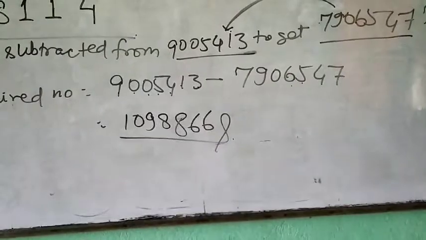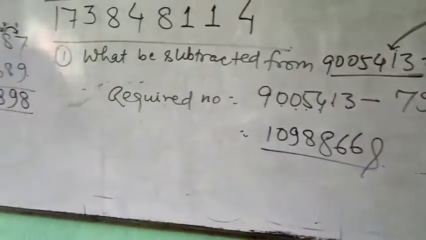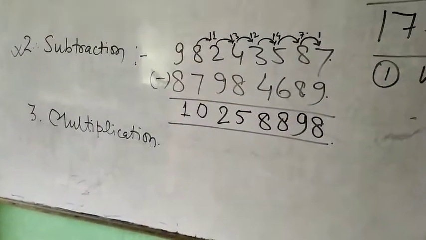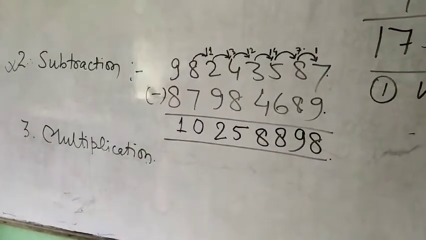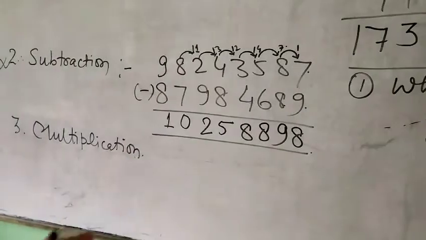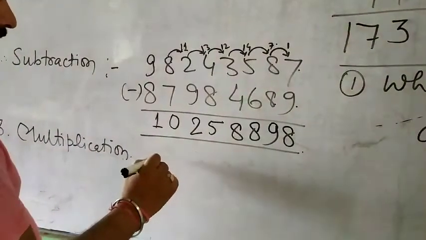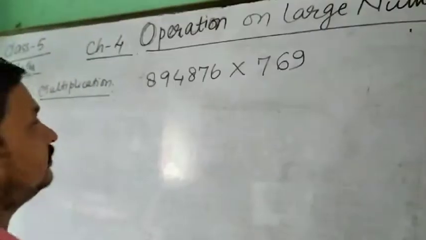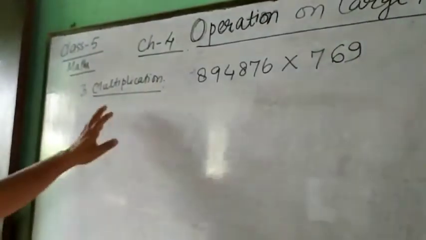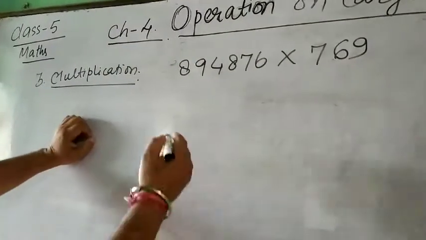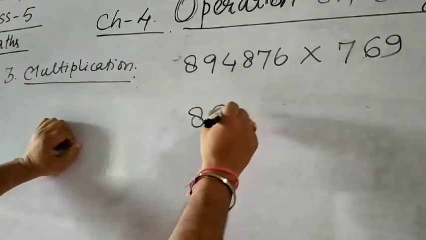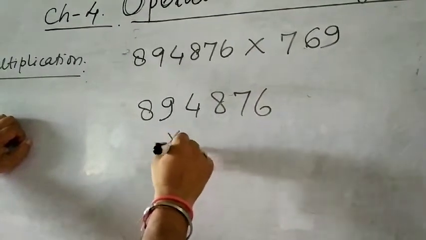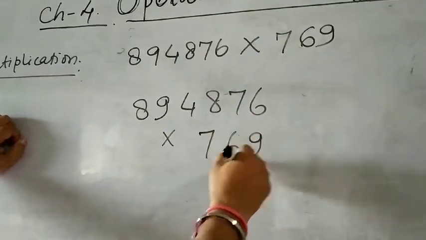Okay, in the multiplication form, it's a 2 or 3 digit or many more digit multiplication. For example, here is the multiplication: 894876 into 769.